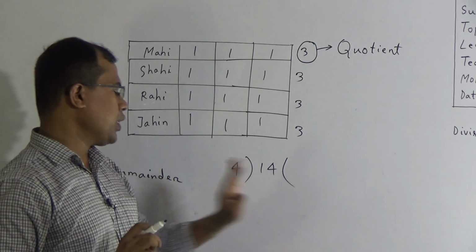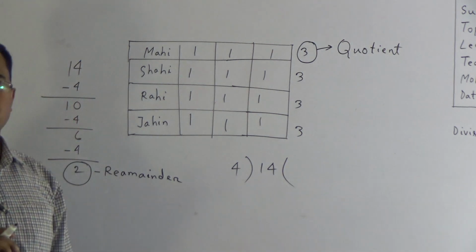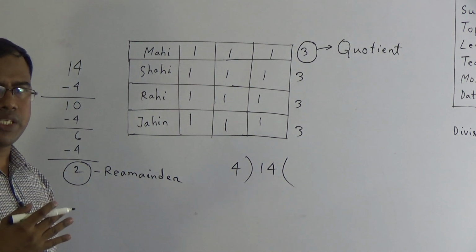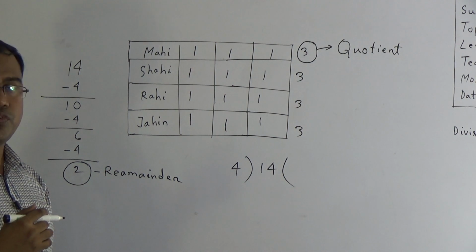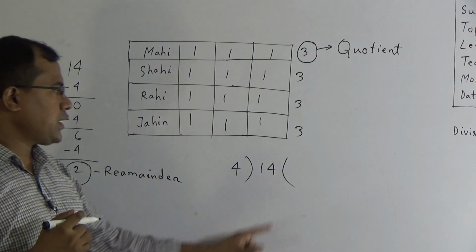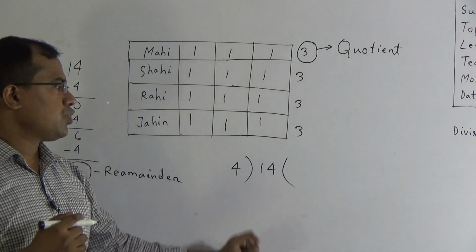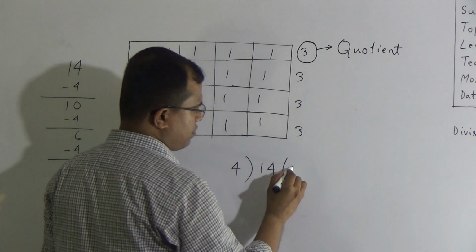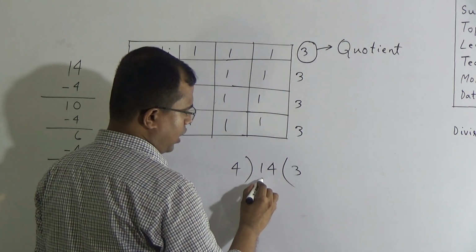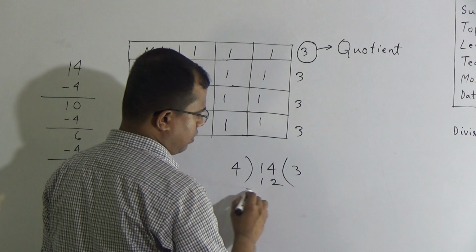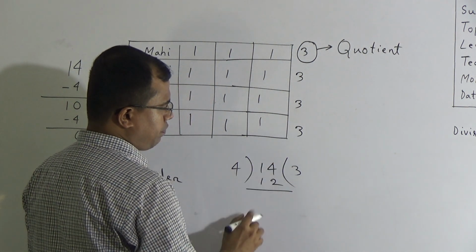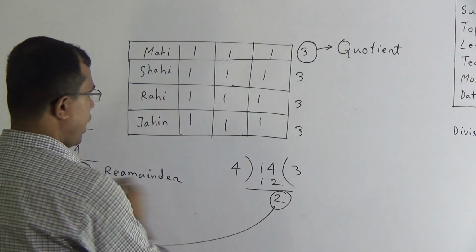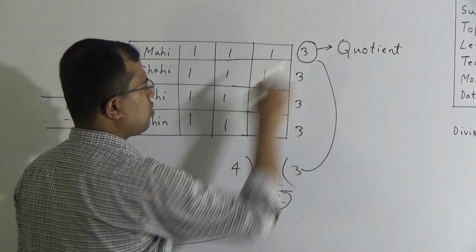Now we'll read the times table of 4. 4 ones are 4, 4 twos are 8, 4 threes are 12, but 4 fours are 16. 16 is greater than this 14. So we cannot give 4 times. Dear students, we can give 3 times. 4 threes are 12. We will write this 12 under this 14. Then if we subtract, it will be 2. This is remainder 2 and this 3 is quotient 3.